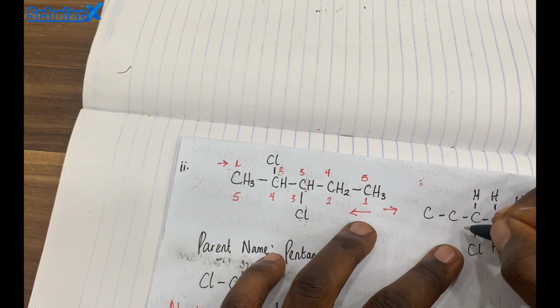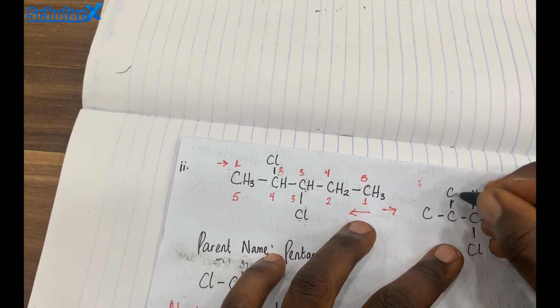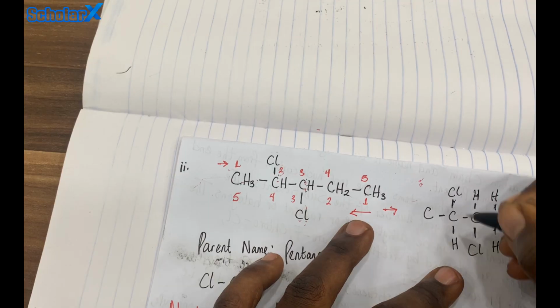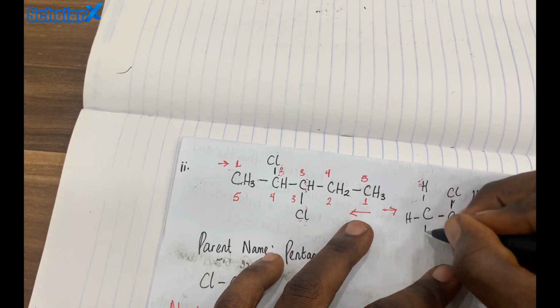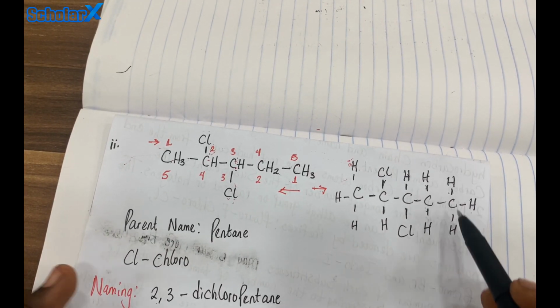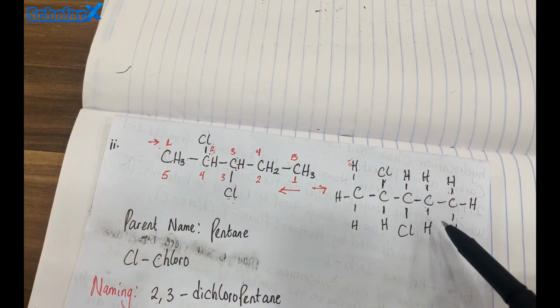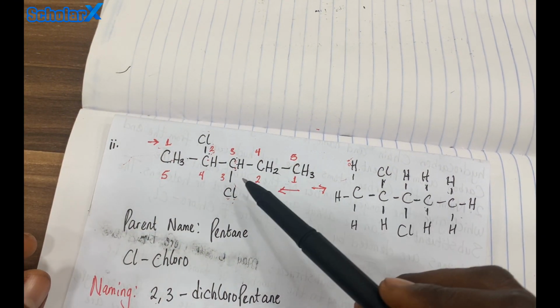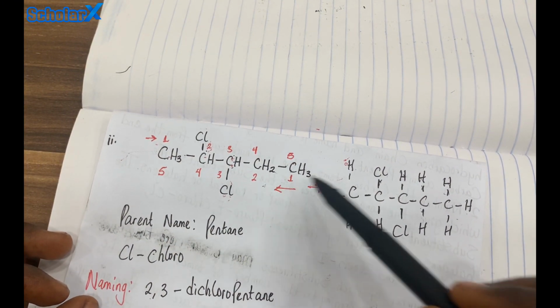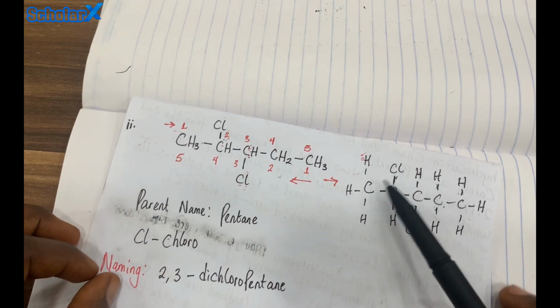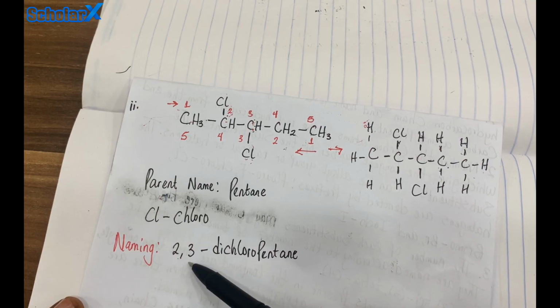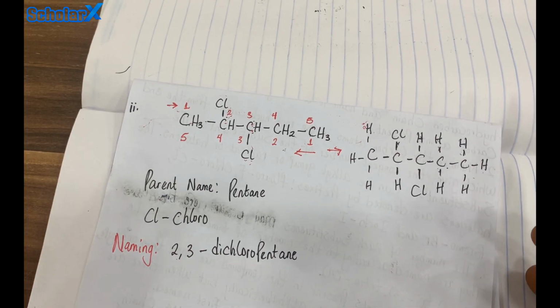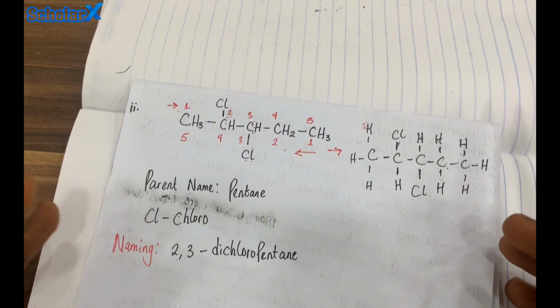And I have Cl here, and H down here. And I have C, H, H, H, which is hydrogen. So I'm trying to tell you that this can also be written like this, but this is a long form of writing this. This is the condensed form of this. So to name this organic compound, the name is going to be 2,3-dichloropentane. So that is how you name organic compounds.